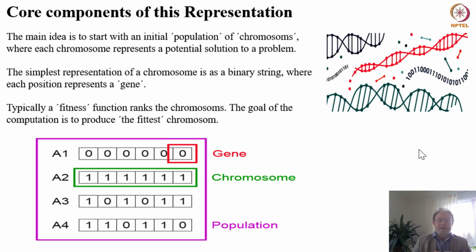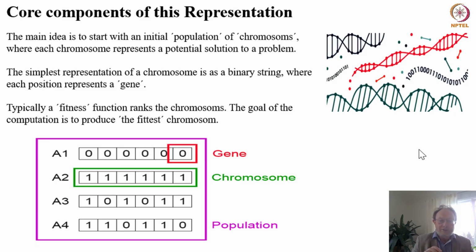If we look at the core components now, first of all, what is the data set? The data set here is called the population, and the data set consists of data items. In this kind of framework, the data items are called chromosomes, where each chromosome represents one potential solution to the problem at hand.